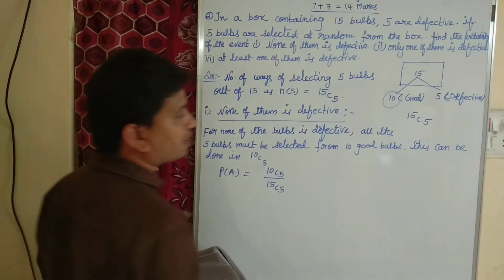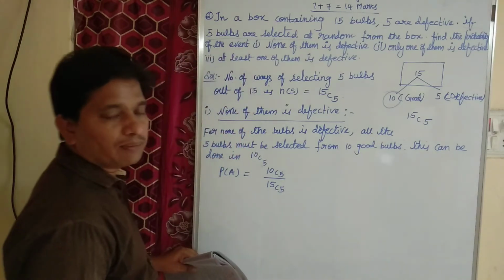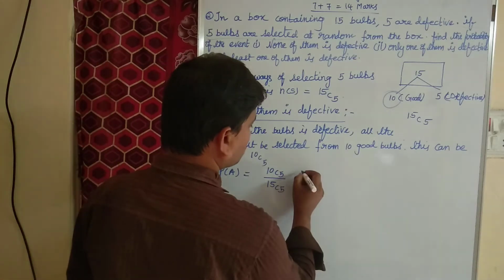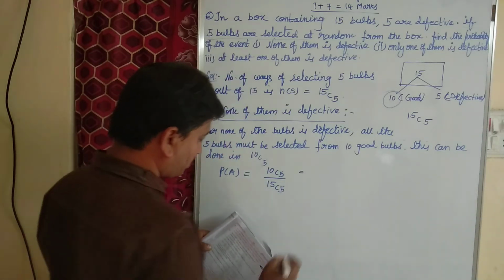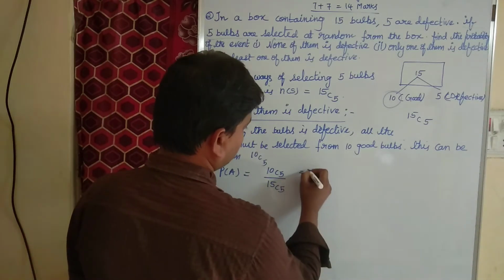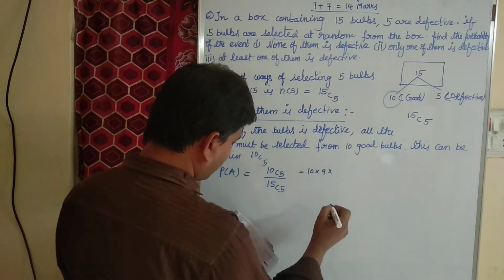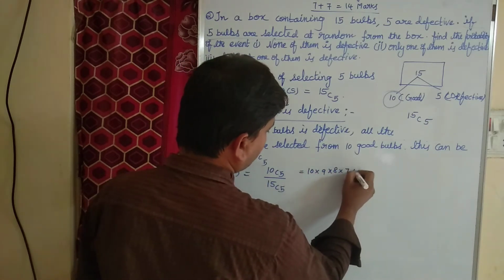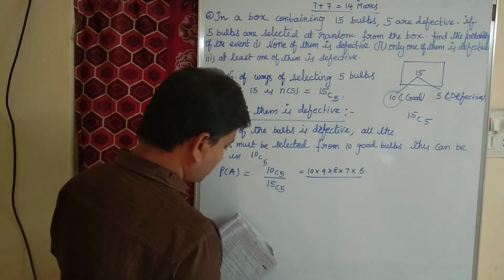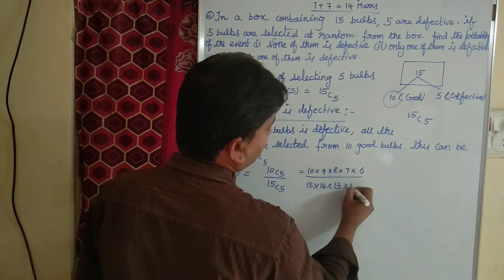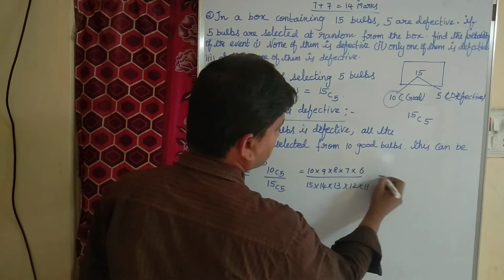10C5 means nCr, n factorial by n minus r factorial into r factorial, right? So I can write it as 10 into 9 into 8 into 7 into 6, divided by 15C5, which means 15 into 14 into 13 into 12 into 11.